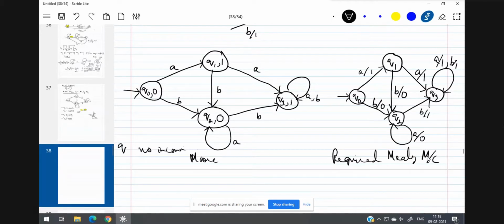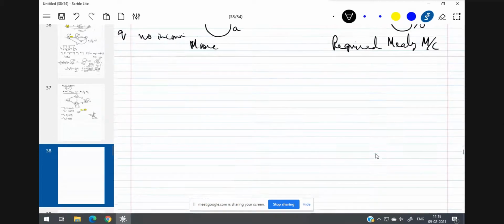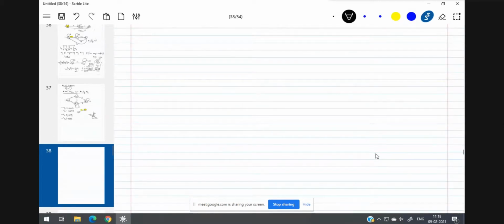Now next, we are going to check how to convert a given Mealy machine to a Moore machine. For this one, let me write the title: Mealy machine to Moore machine.